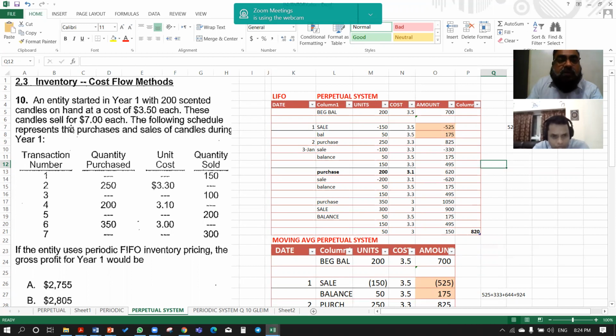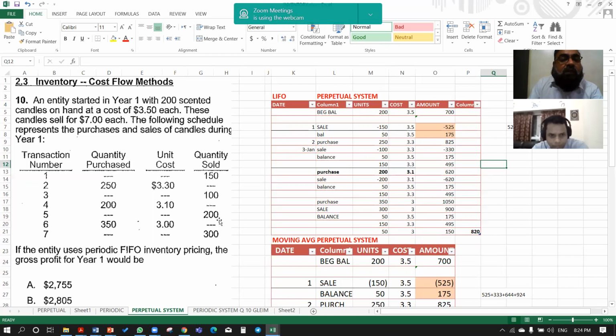Remember, when we are doing inventory costing, it is cost, so we will not be regarding the sales price. We are going to consider sales price only when we are making the income statement, right? So ignore the sales price. In this table they have also given the quantity purchased, unit cost, and the quantity sold.